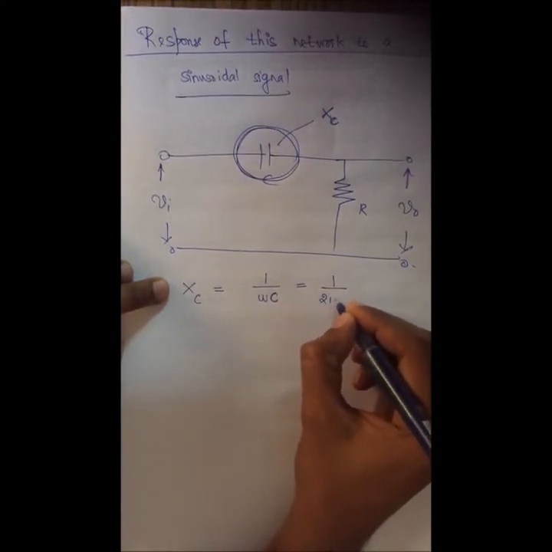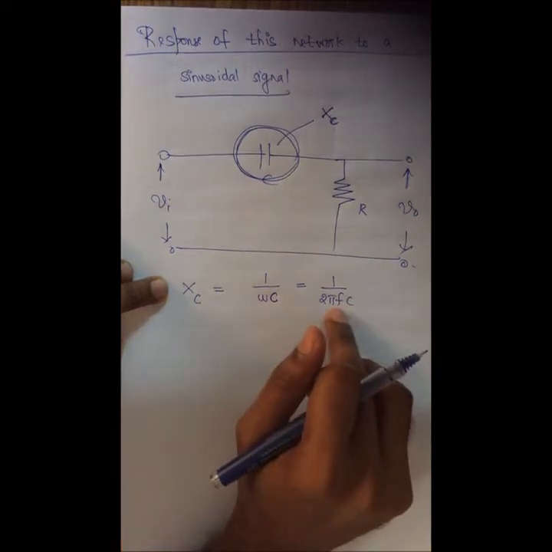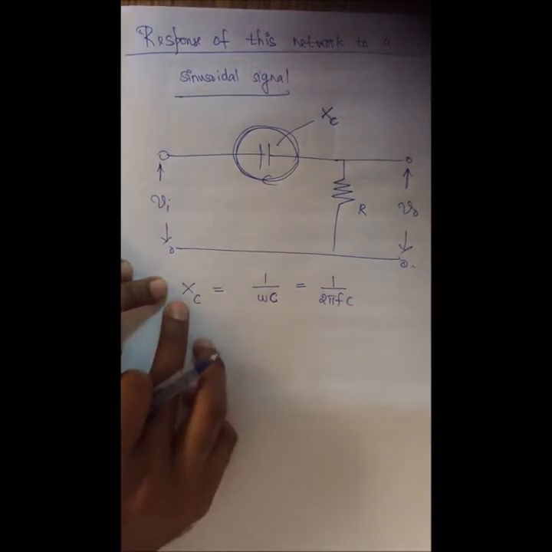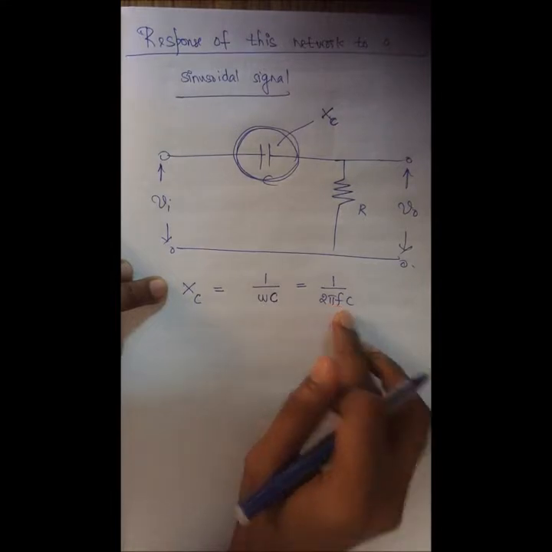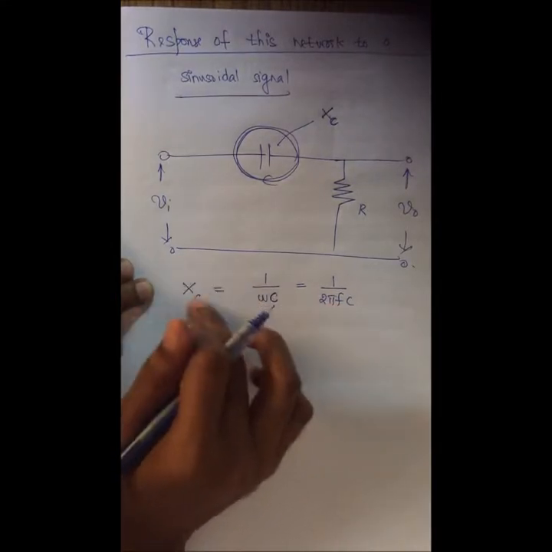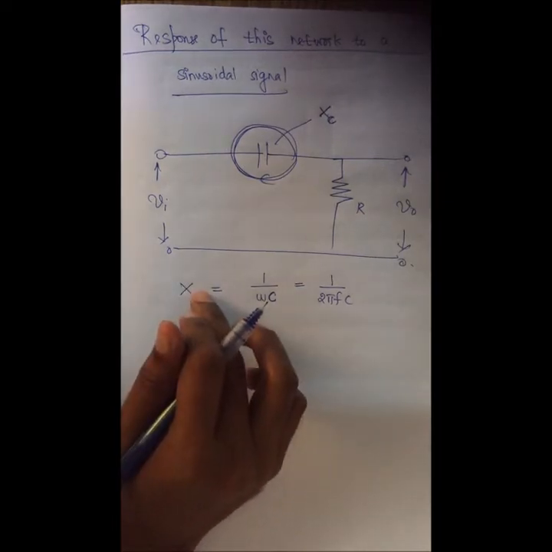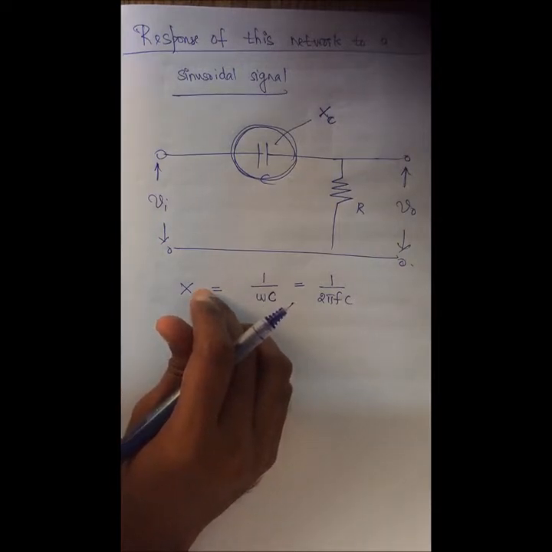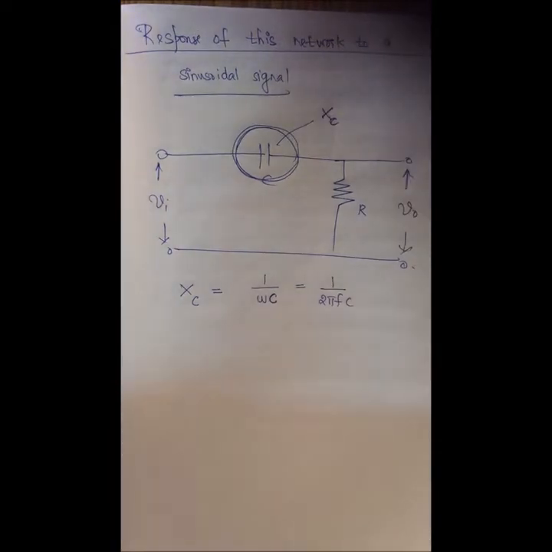Omega is 2 pi f, so it is 1 by 2 pi fc. Since the opposition offered to the AC is a function of frequency, I would say this is a complex quantity, a little more complex than the resistance. Now we will understand the behavior of the circuit for just two cases.